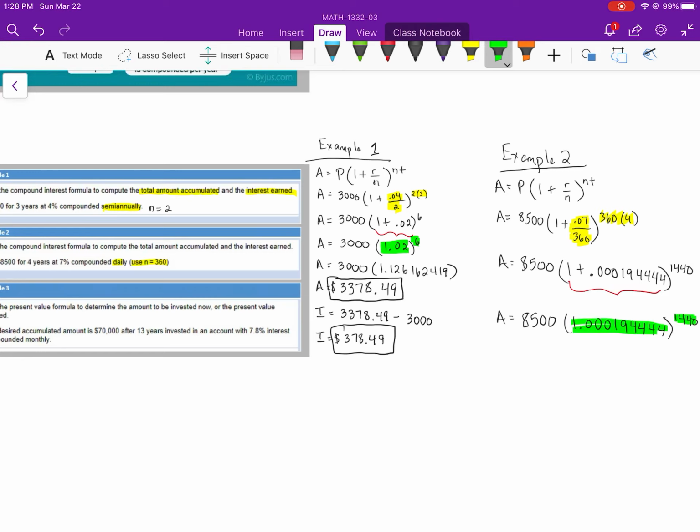All right, I'm going to highlight my next step in green here. I'm going to take that 1.000194444 to the power of 1,440.